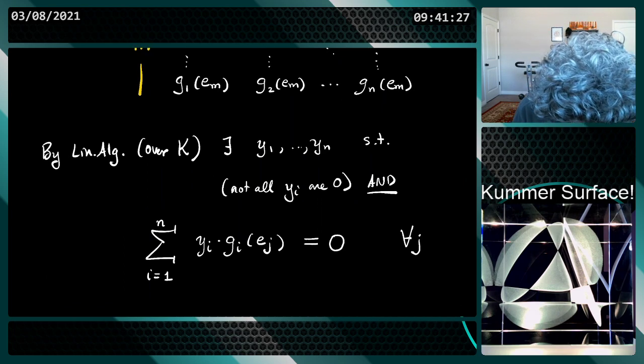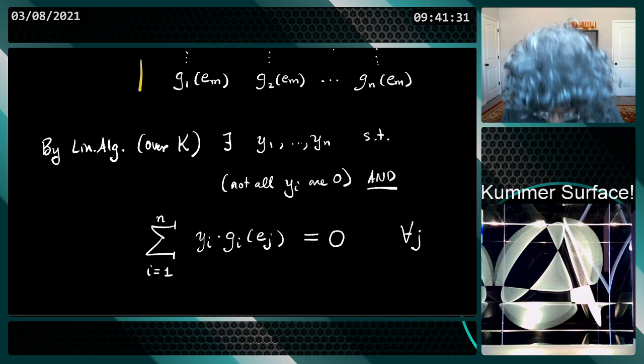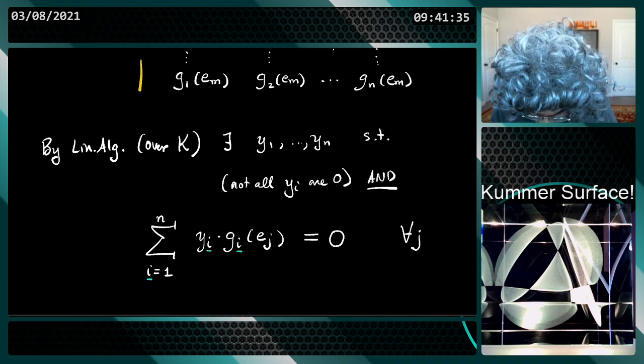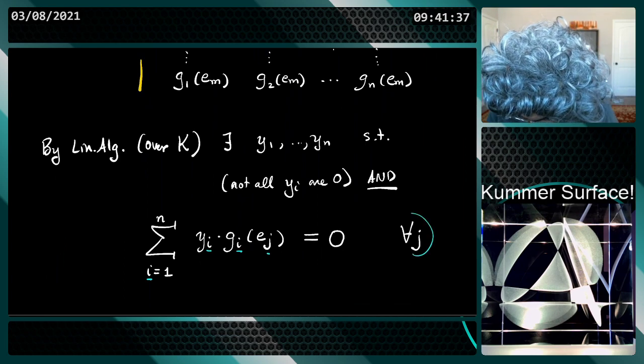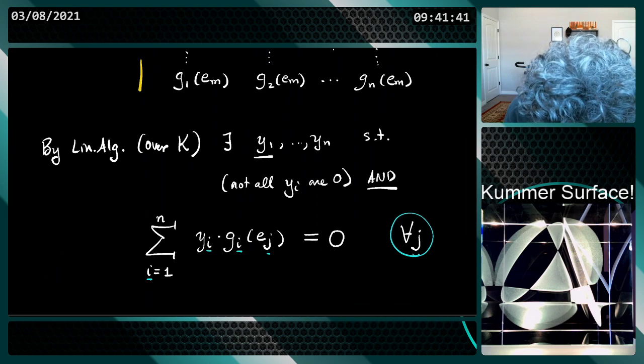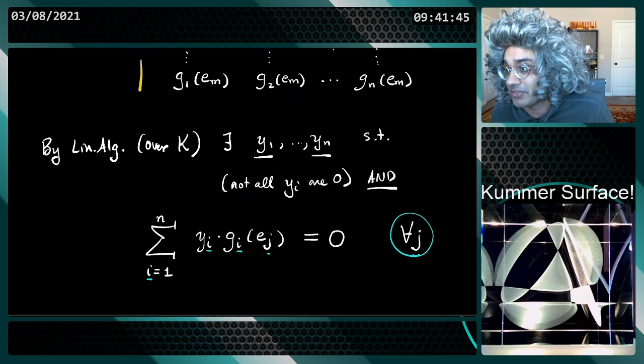Okay, so what you need to focus on here is which index is being summed over. This j is any one of the j's. The same tuple y1 up to yn solves that system of equations.